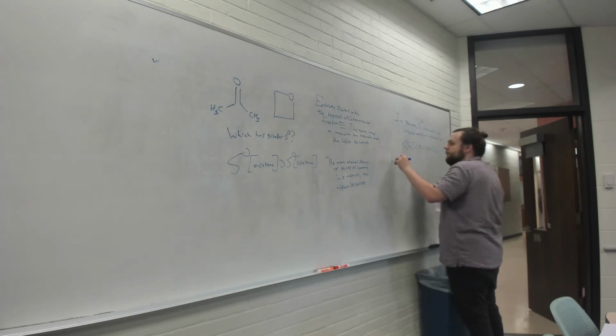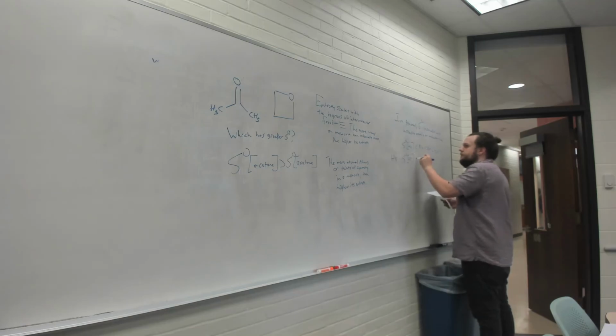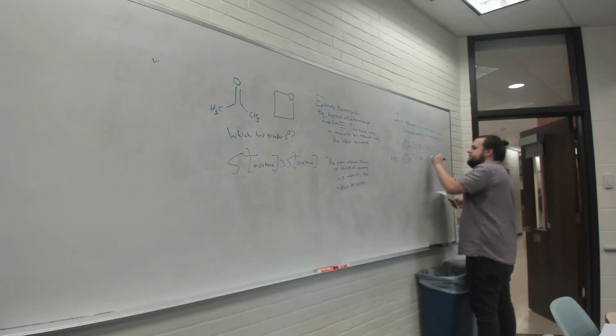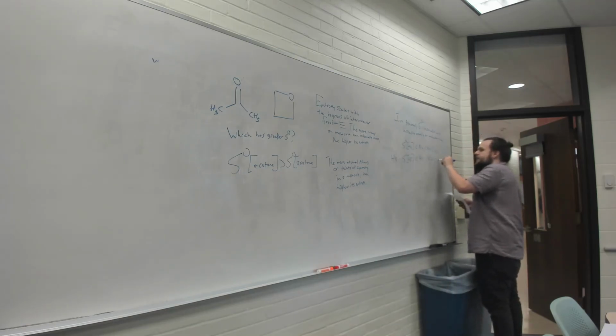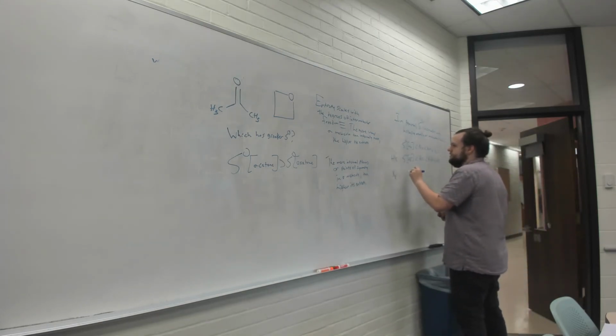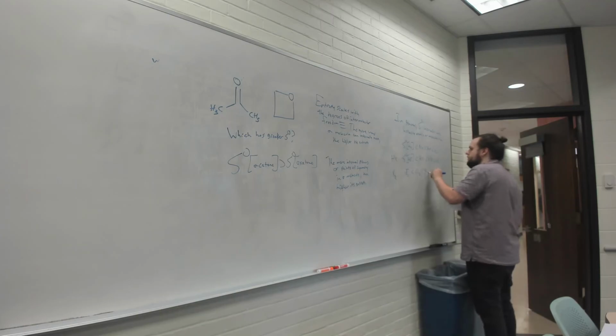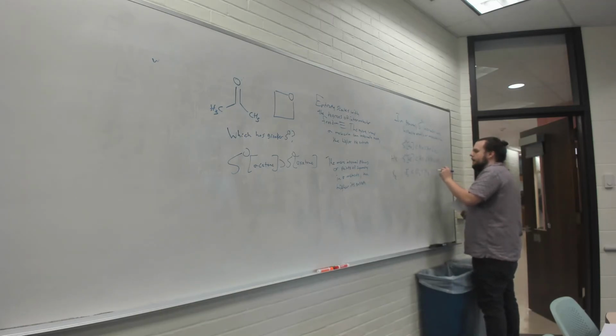For halogen acids, like HCl, HF, HF is less than HCl, which is less than HBr, which is less than HI. And likewise for X2, for halogen gases, F2 is less than Cl2, which is less than Br2, which is less than I2.